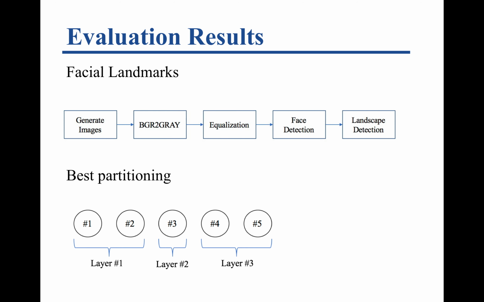Our second application is fashion landmarks, which is decomposed into 5 actors. Based on our algorithm, the first 2 actors are deployed to the Raspberry Pi in the first layer, the third actor is deployed into the Raspberry Pi in the second layer, and the last 2 actors are deployed to the desktop computer.